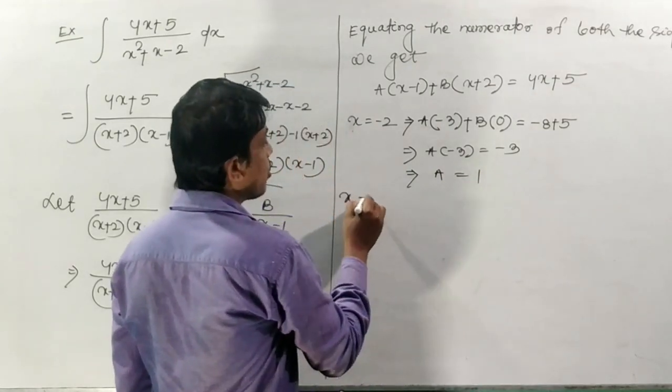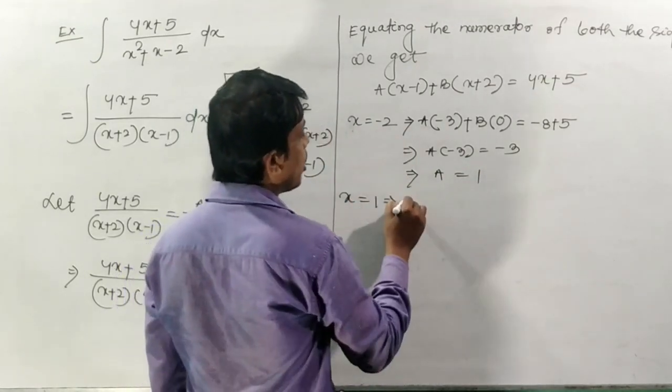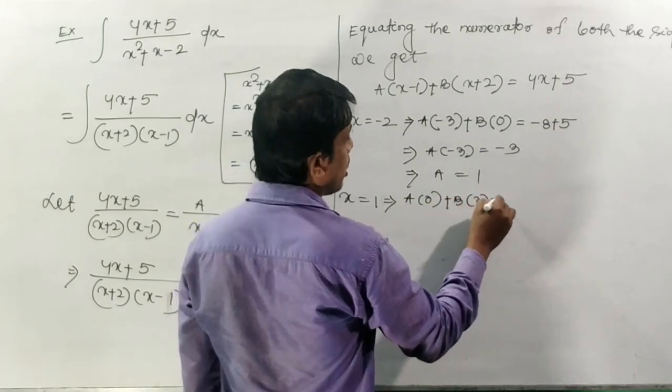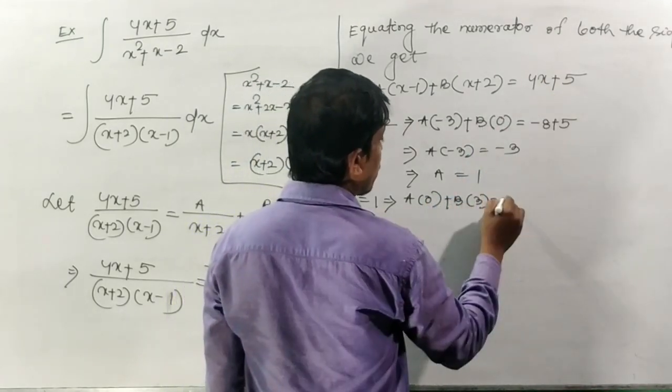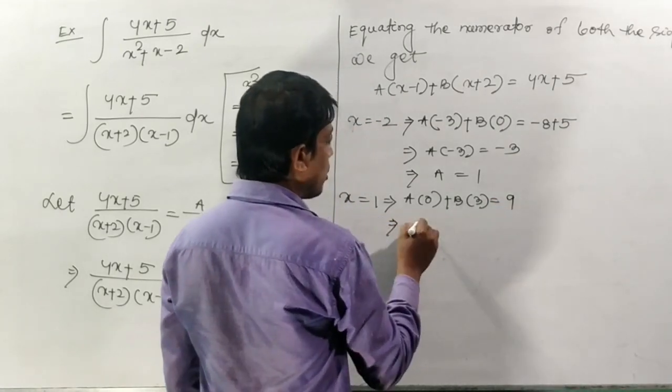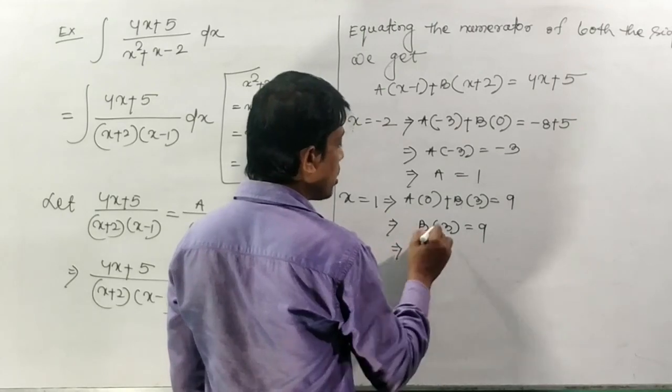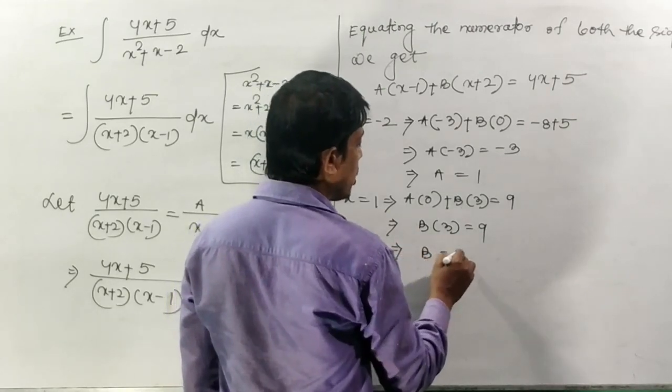And then x is equal to 1, we have a into 0 plus b into 3 is your 4 into 1, 4 plus 5 is your 9. So that implies b into 3 is your 9, which implies b is equal to 3.